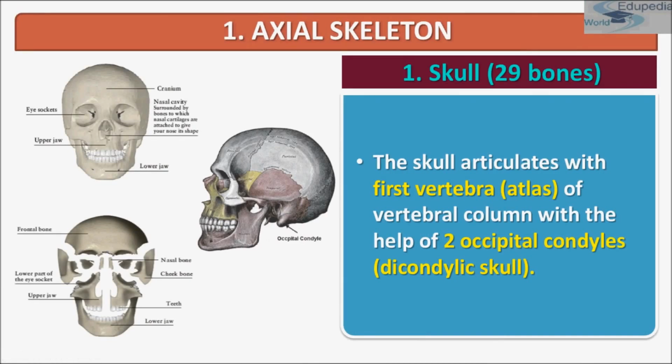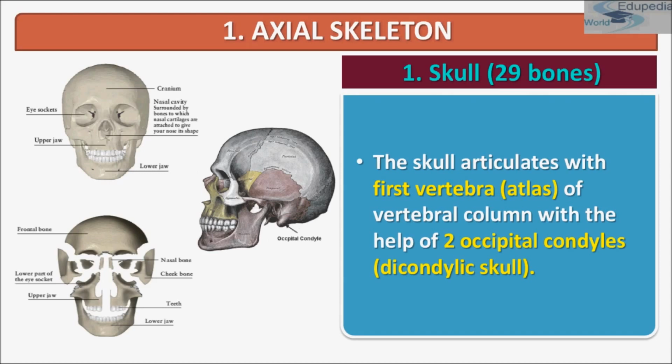Now the skull, as I have told you, consists of 29 bones, which we have studied. The skull articulates, meaning moves, with the first vertebra. A vertebra is a joining unit of the vertebral column, and the first vertebra is known as atlas.